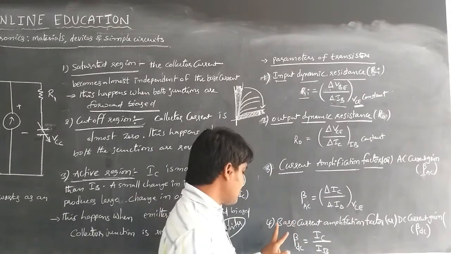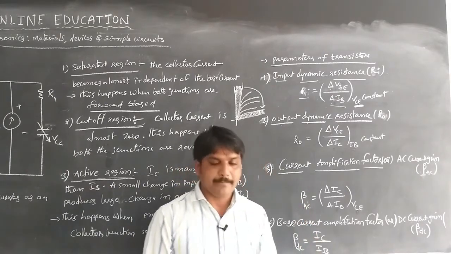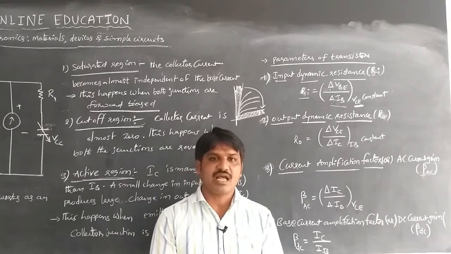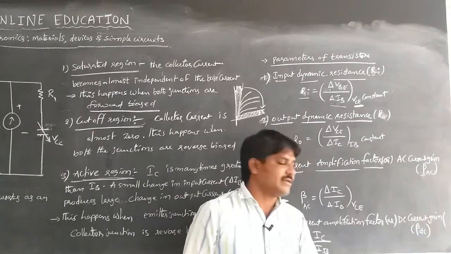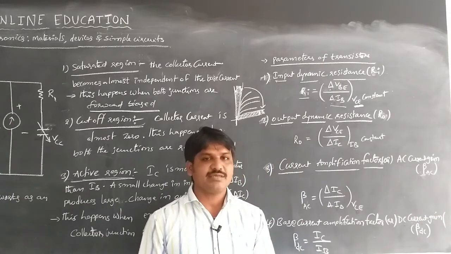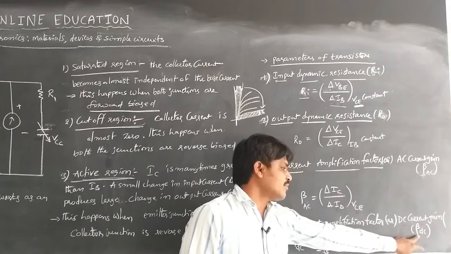The next parameter is the base current amplification factor, also called the DC current gain. DC means direct current gain, denoted beta DC.